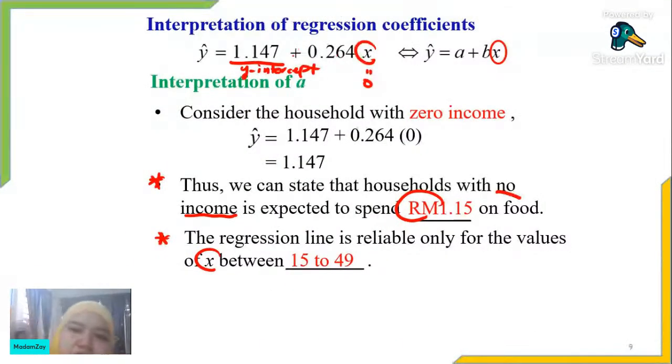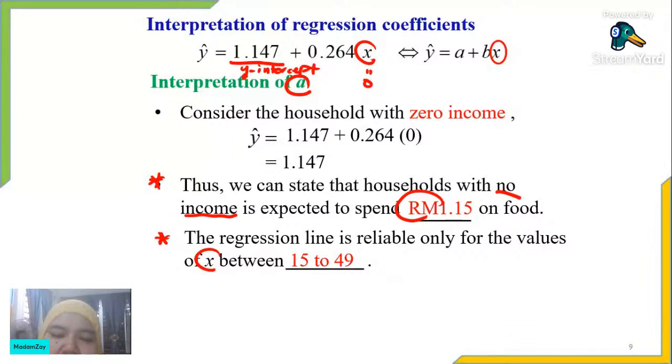So this is interpretation of A. Why? Because A is talking about when the X is what. Okay. So first, when zero income, when X equal to 0. And the second one is to talk about the range of the X, 15 to 49 only. Out of the range, kalau kita letak nilai contohnya dia suruh cari. Okay, later kita akan tengok example.